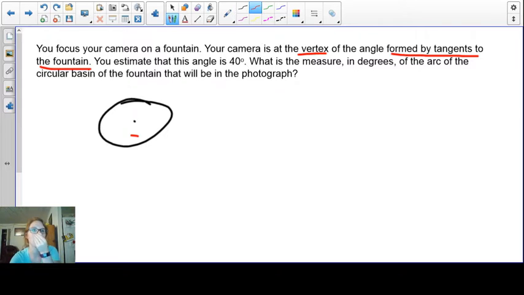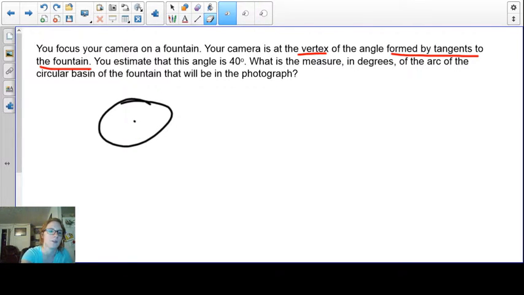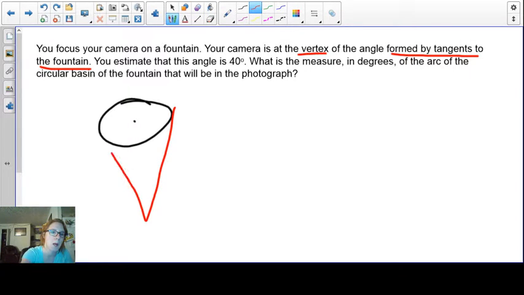So I have two tangents coming from this one fountain that are going to hit the same spot. So about like that. We estimate that angle is 40 degrees. So he's 40 in there.